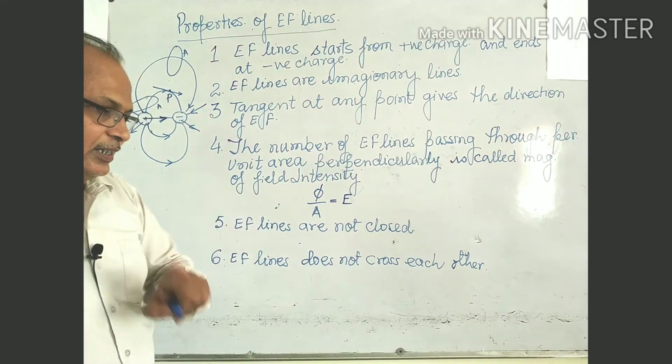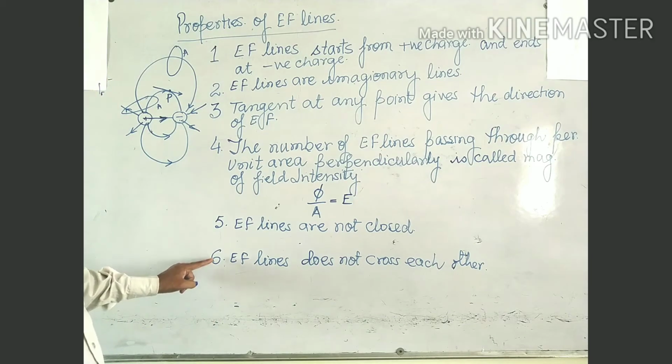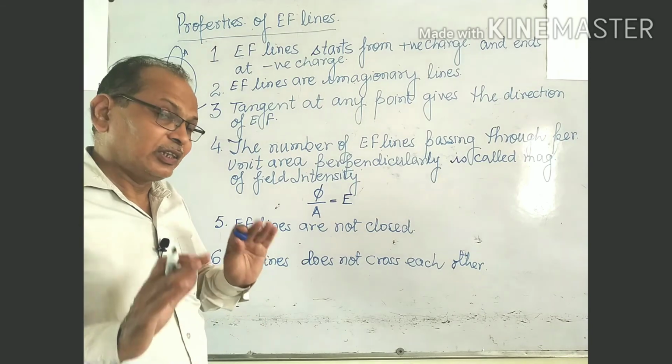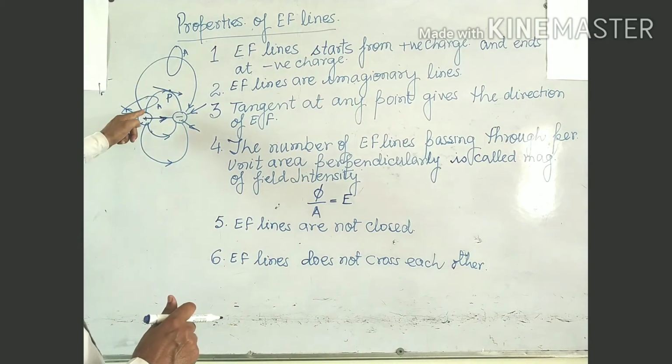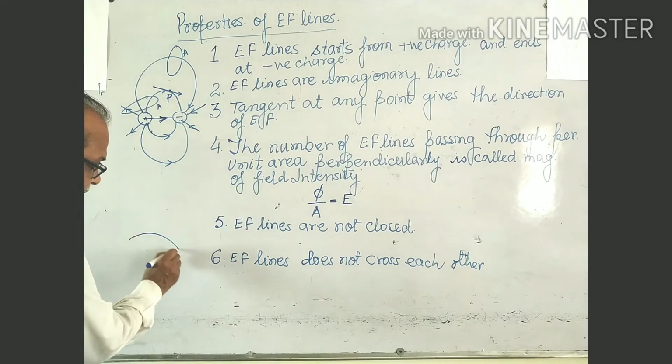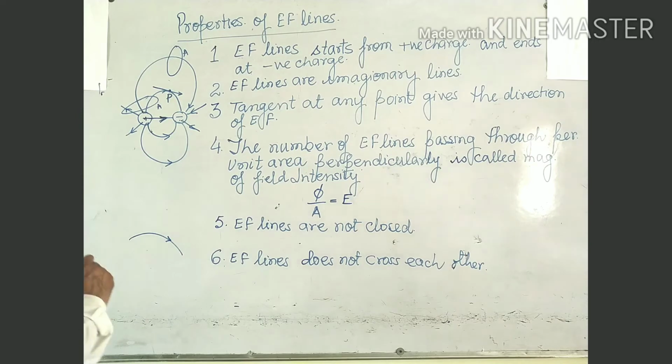These are open lines. Sixth point, electric field lines do not cross each other. See, this is one electric field line, this is another electric field line. It is not possible that they cross here. No. Reason?